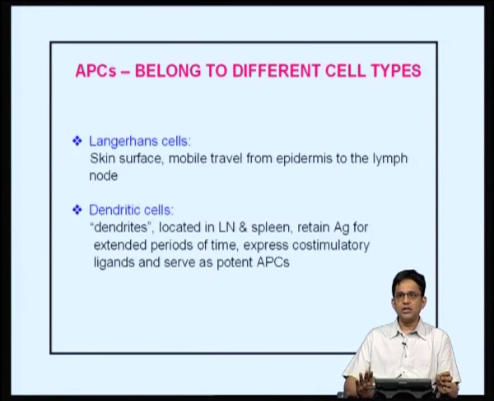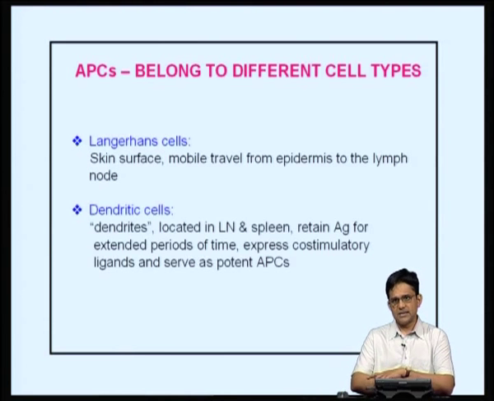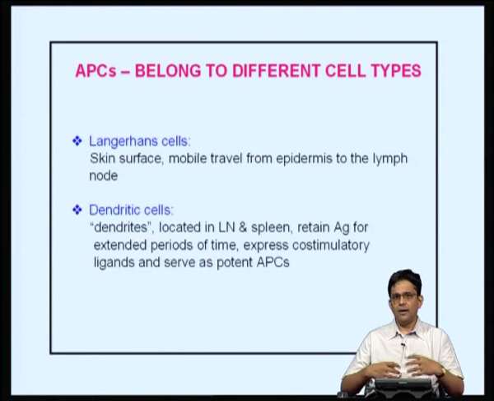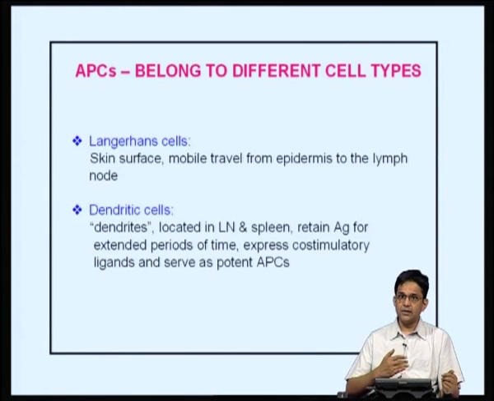Perhaps the most physiological antigen presenting cells are your dendritic cells, and these are present in the skin. In the skin they are known as Langerhans cells, and basically once they get the antigen, they enter into lymph nodes, and they initiate the T cell activation pathway.